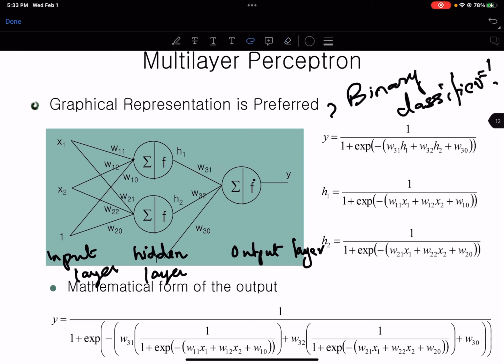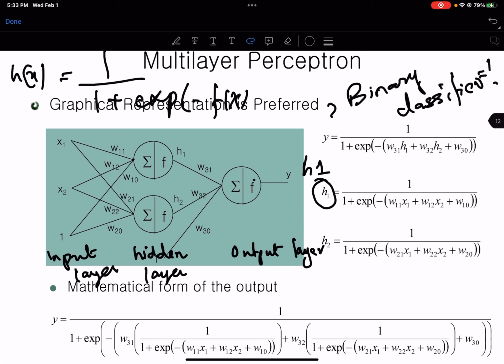Now, mathematically, how do we represent that? So what is H1? The output from hidden node 1. And what do we have? The function, we know that the function is represented by f of x, 1 over 1 plus exponent minus f of x.